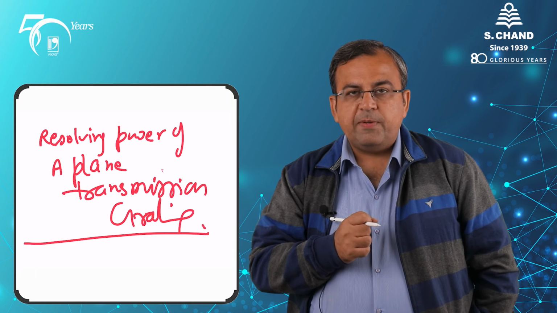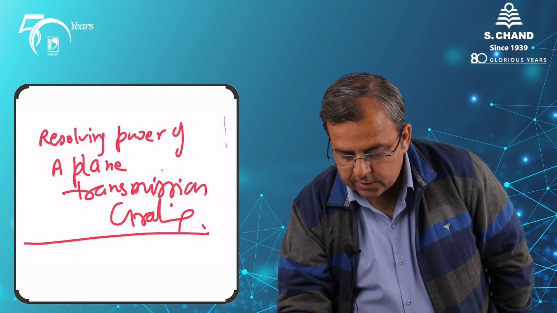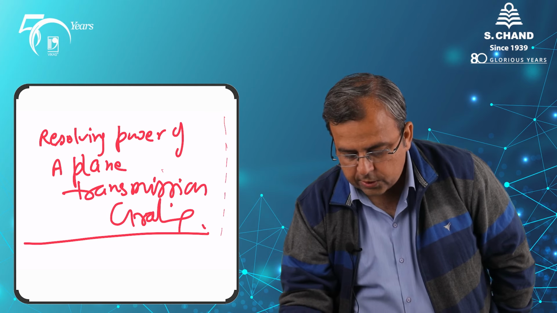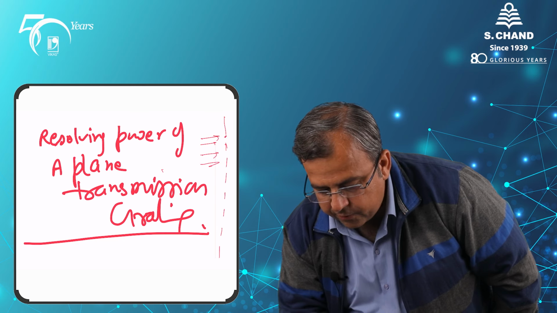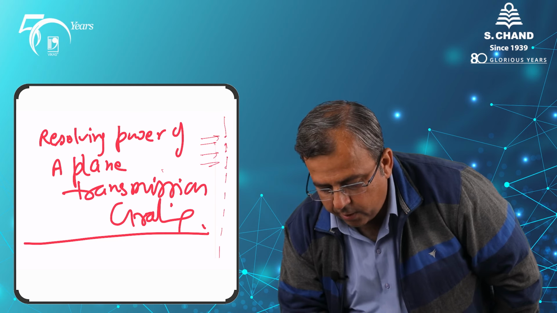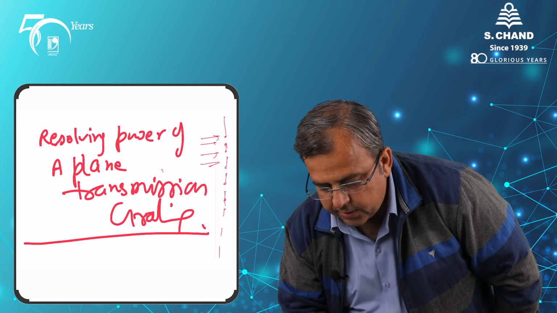And why I'm saying so, in going into detail about the resolving power of the grating, we must know that we are considering N number of slits together. It means small slits, small slits, small slits, and so on. This is the number of slits I'm talking of. You see, there are a number of slits there.